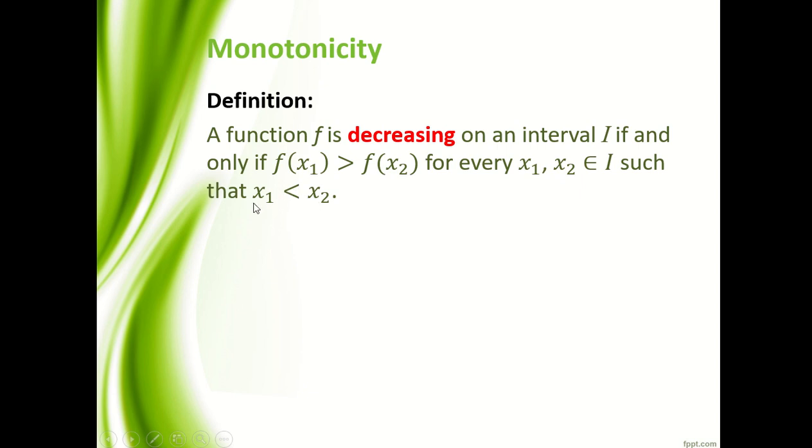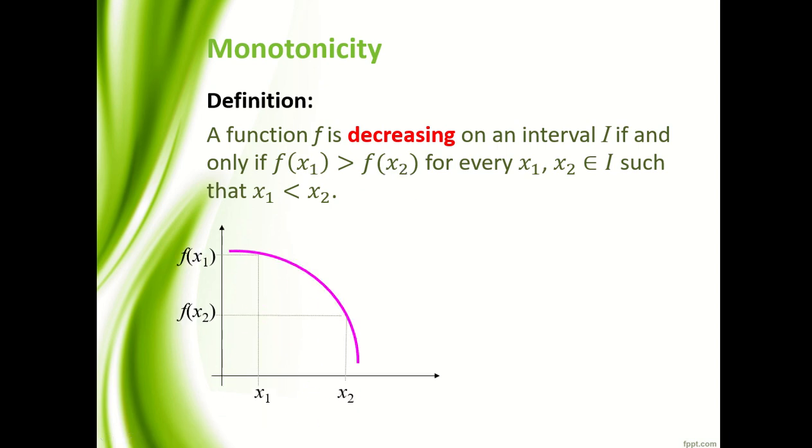Same condition, x sub 1 is less than x sub 2, but this time when you substitute the values of x sub 1 and x sub 2, it makes f of x sub 1 greater than f of x sub 2. Alright, so this is the illustration here.